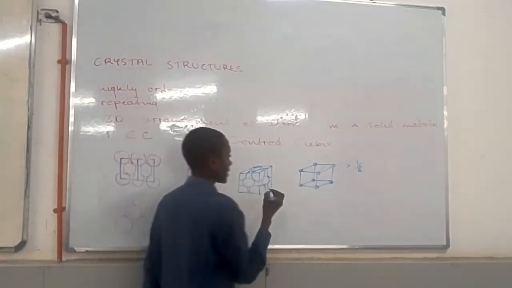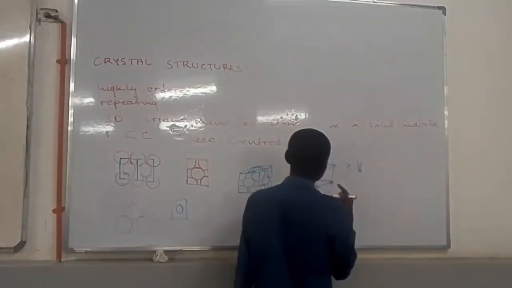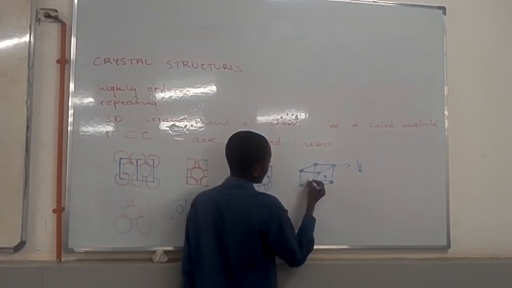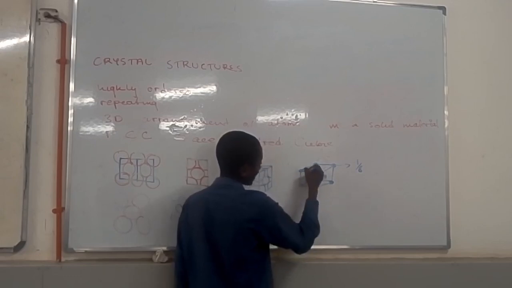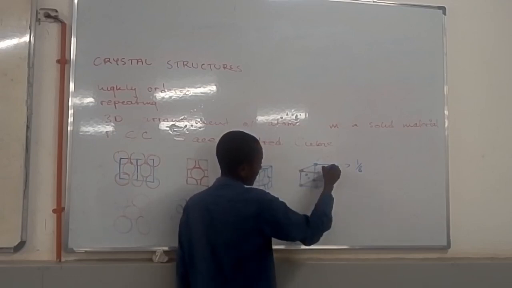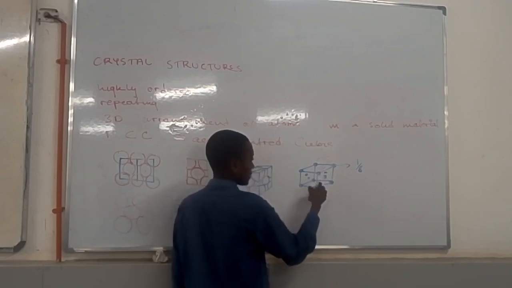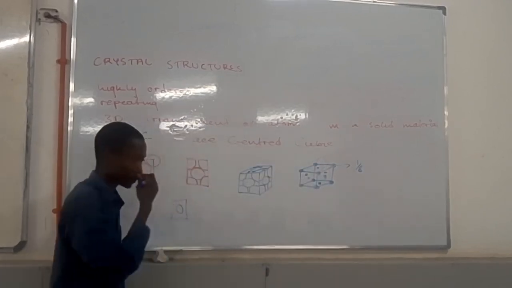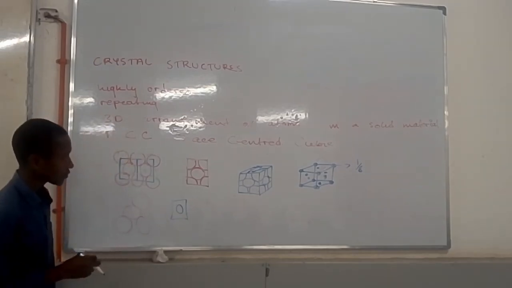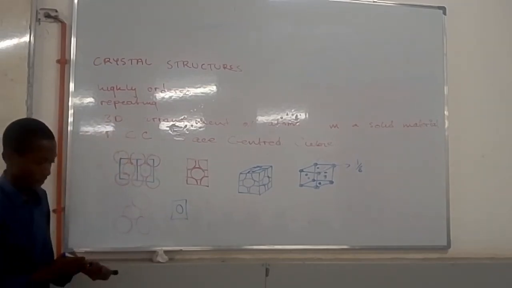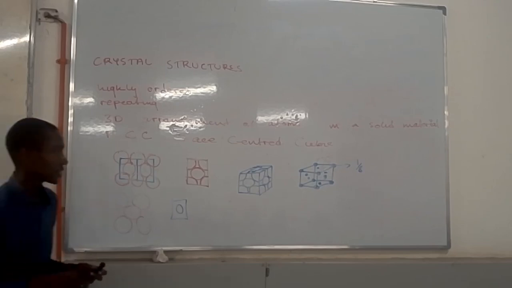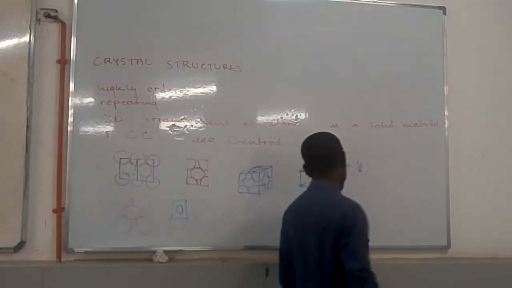So at each face there is a half atom. So here there's a half atom even at this face, and at the face below. I think that's clear from the diagram that you have in the book.